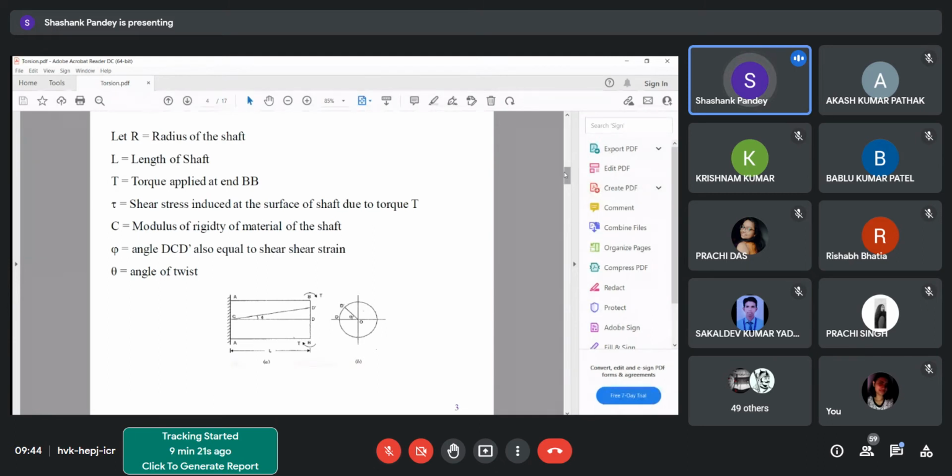Assume R is the radius of the shaft, L is the length of the shaft, and T is the torque applied at end BB. Tau is the shear stress induced at the surface of the shaft due to torque T, C is the modulus of rigidity of the material, phi is the angle DCD dash, which is also equal to shear strain, and theta is the angle of twist.